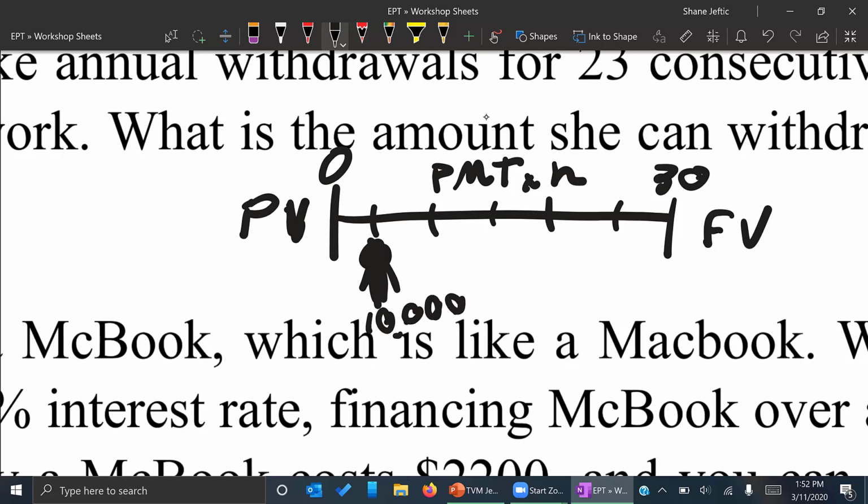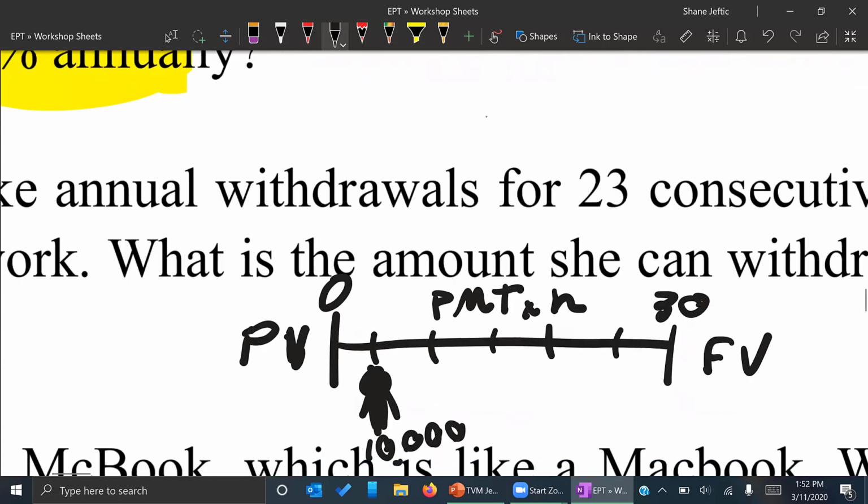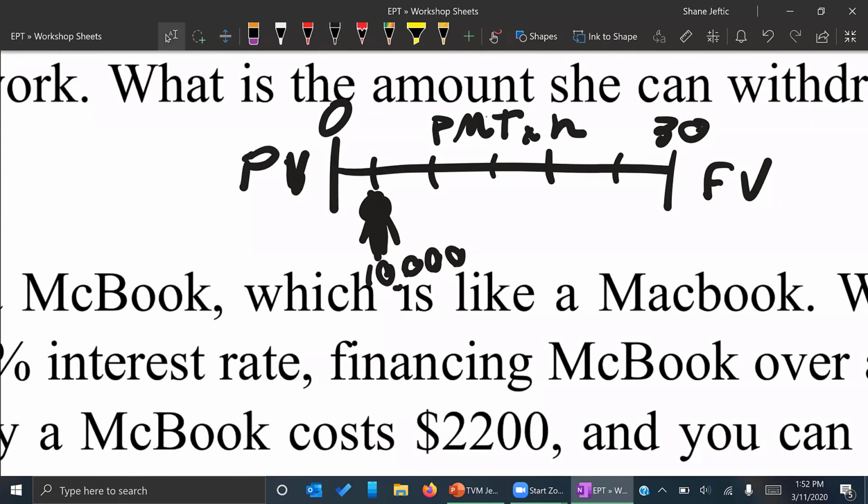Now if they said it's starting today, that would be a different story, right? You should shift all of those cash flows back to keep the 30, because there are 30 cash flows going in. There are 30 payments. If you wanted to say it was starting today, you change your calculator mode to beginning, I think that's at the bottom of your TI-84.